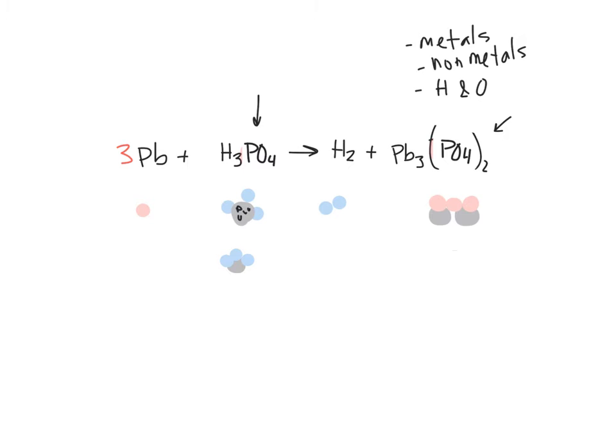All that's left to balance is the lead, which I've drawn. I've put a coefficient of 3. And I actually forgot to put a coefficient of 2 here because we have 1, 2, 3. And now all that's left to balance is our hydrogen, and I need a total of 6. So I'm going to go ahead and make sure there's 6 hydrogen, and that leaves us with 1, 2, 3 molecules. So I'm going to put a 3 in front. And that should be balanced. Double check my work, but should be okay.